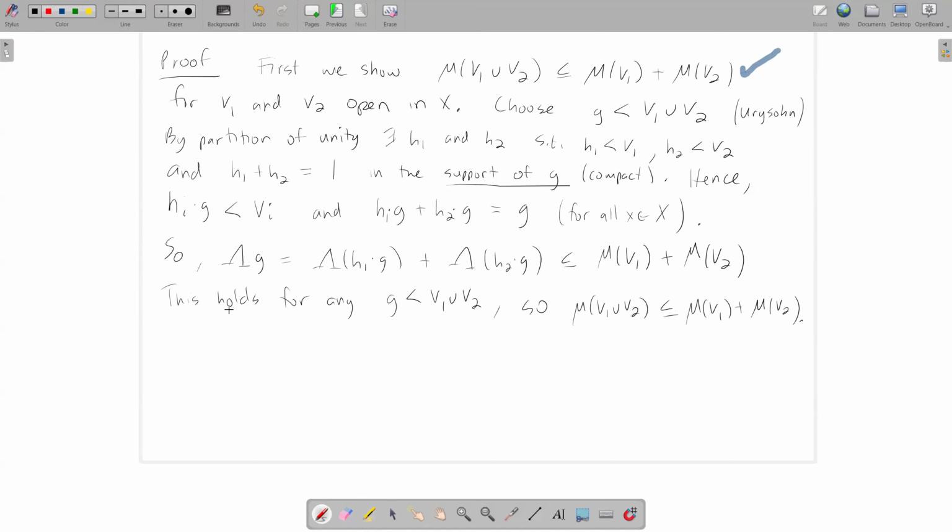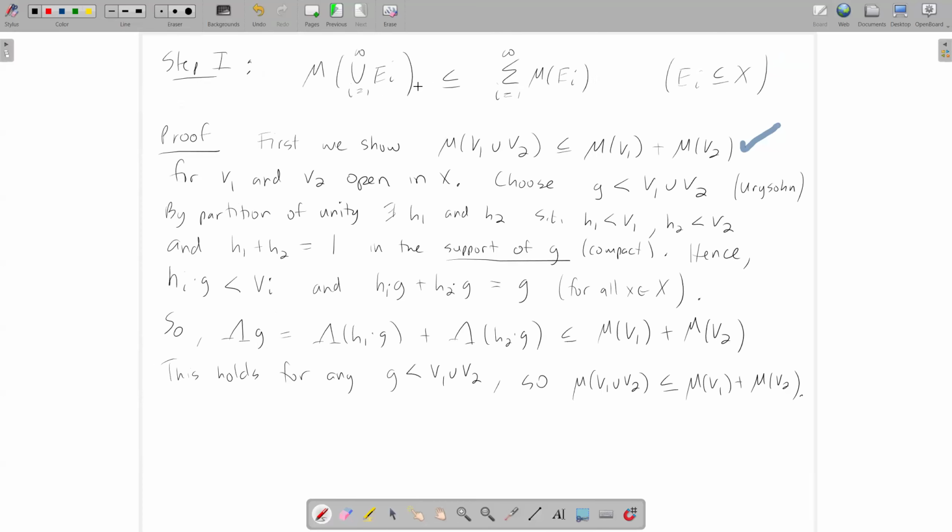Okay, now remember what we want to show in general is this. Okay, so all we have for now is it works if we have two open subsets, and that's it.